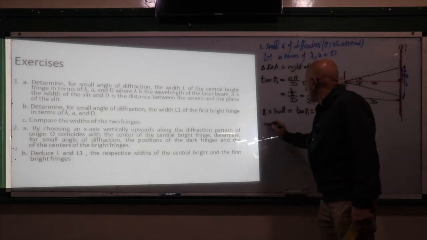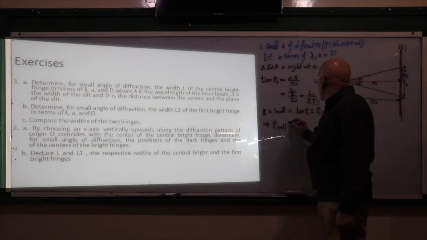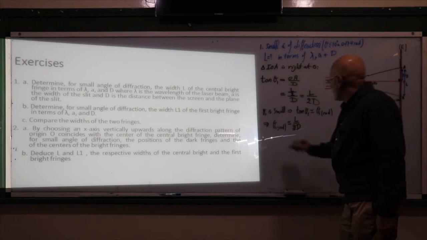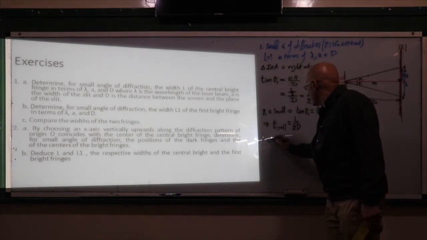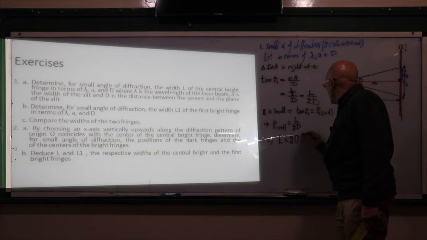This implies theta 1 in radian is approximately equal to L over 2D. So cross multiply, L is equal to 2D theta 1 in radian.